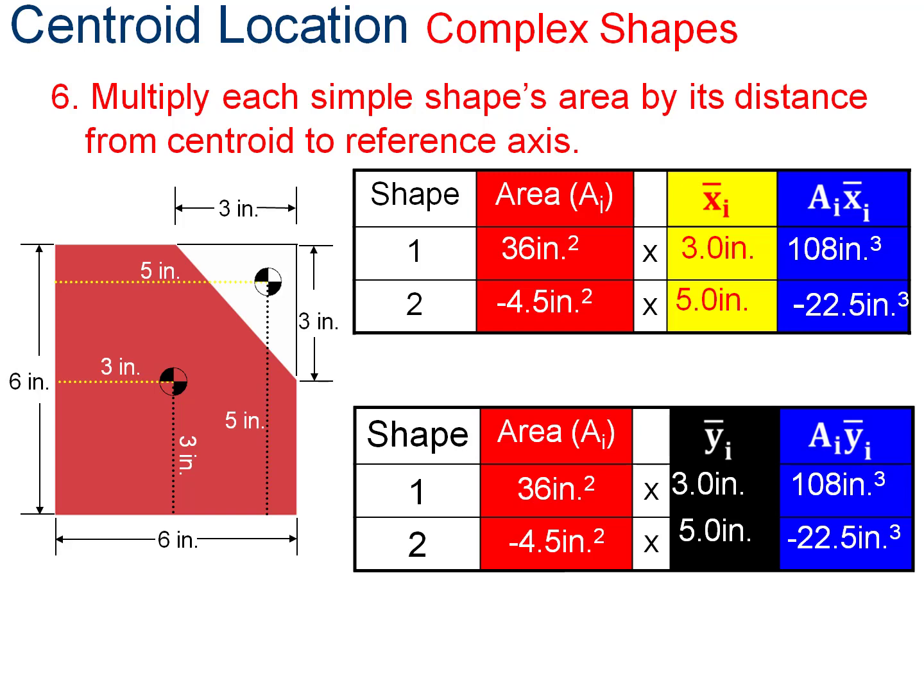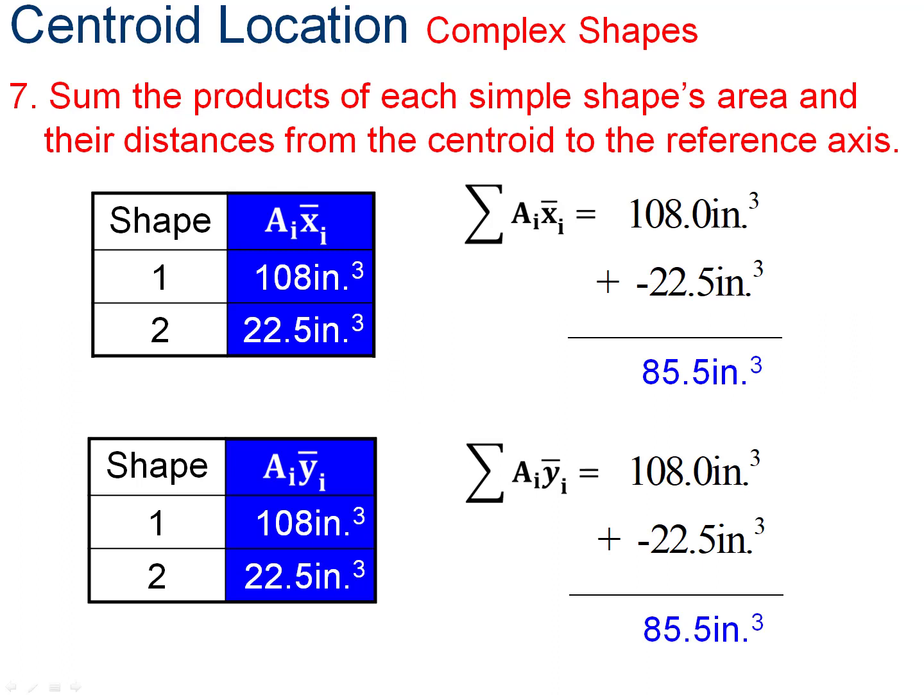If I add these together, 108 minus 22.5, I now get 85.5 cubic inches. This is the numerator in our formula for a complex shape. So sum the products of each simple shape's area and their distance from the centroid to the reference axis.